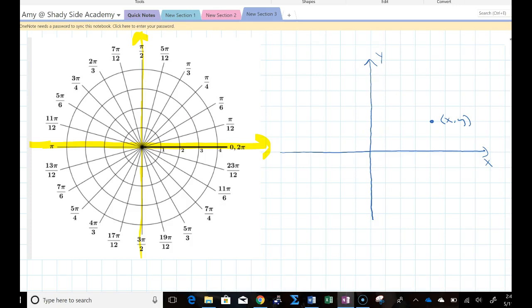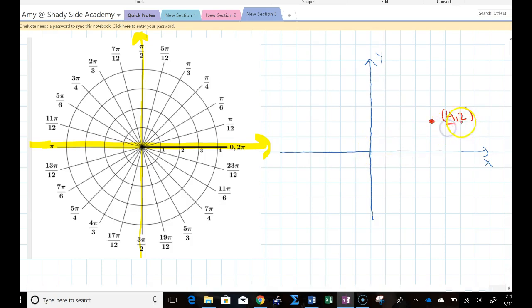When we talk about the Cartesian coordinate system and we talk about a point on it, we are so used to thinking about the fact that a point is described as the horizontal distance from the origin and the vertical distance from the origin, x comma y, right? We almost could do this in our sleep.